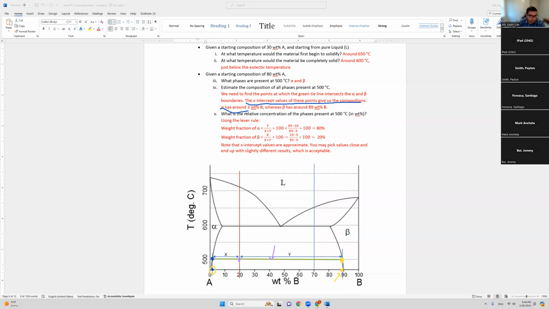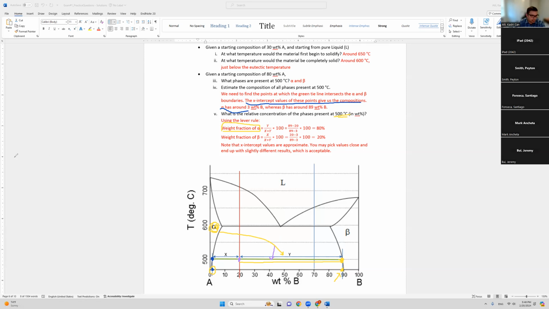Okay, in the last part, what is the relative concentration of the phases present at 500 degrees C in weight%? Now we are going to use the lever rule, right? To find the weight fraction of the alpha phase, I take the part of the tie line which is away from this boundary, which is this region here, Y. This Y part of the tie line is away from this alpha solvus boundary.